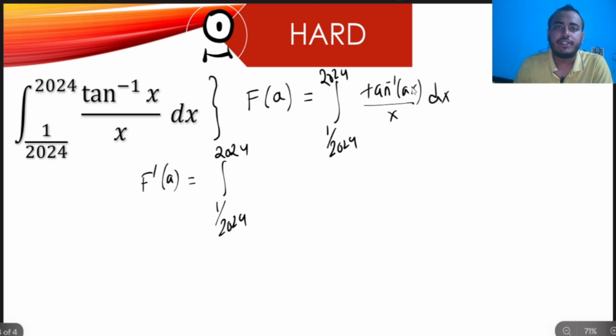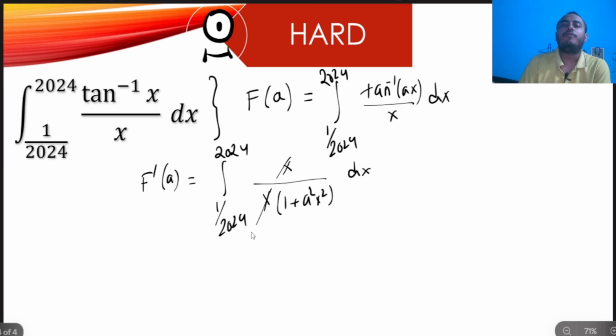We're doing partial differentiation, right? So we would have x times 1 plus a squared x squared, and x is the coefficient because we are differentiating with respect to a. According to the chain rule, we have an x here as well, and this would cancel off, correct? But this is our first attempt at this problem, so this naturally comes to mind, right?